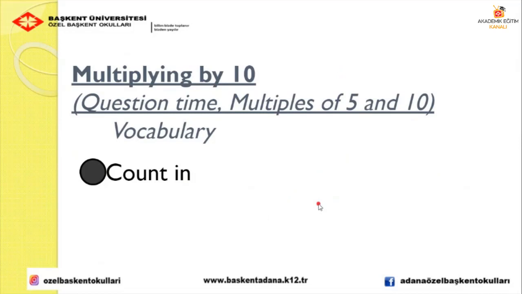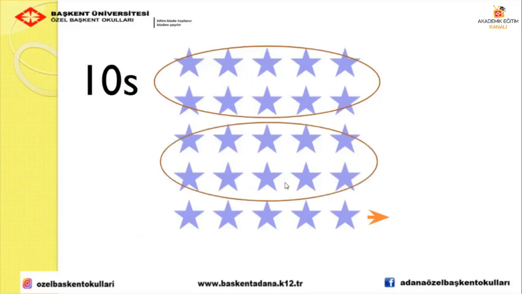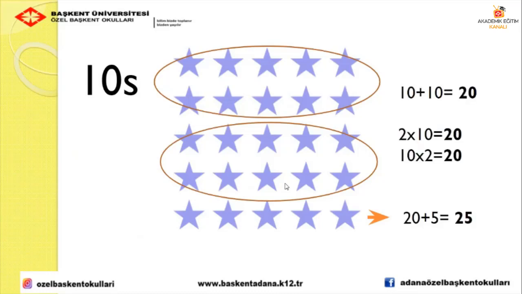Multiplying by 10. In this topic, the word you need to remember is count in. Look at this array of stars. We are going to count them in tens. 10 and another 10. How many groups of 10 did we count? 2 groups of 10.